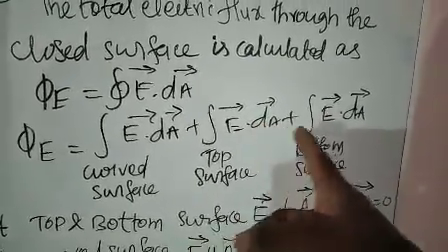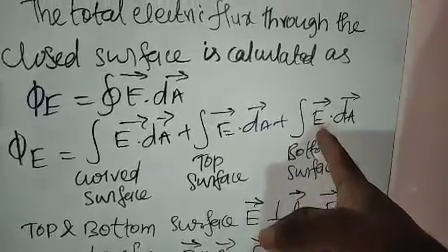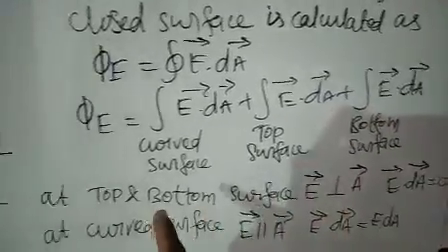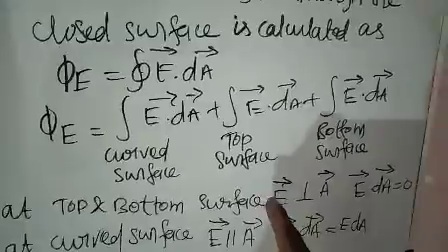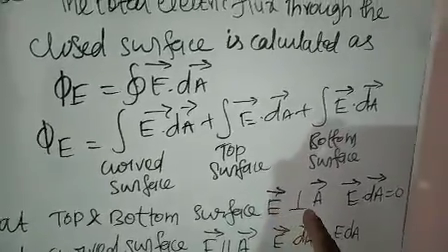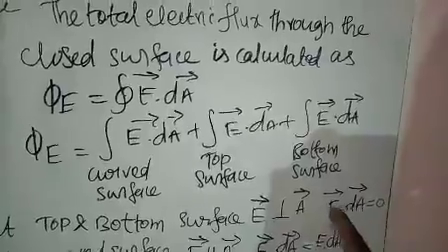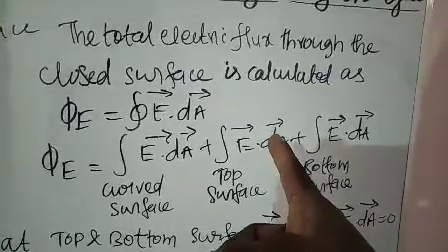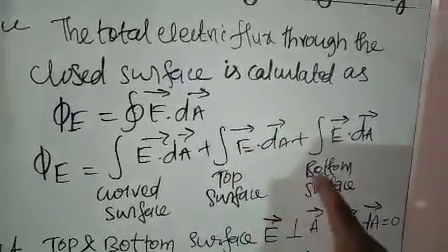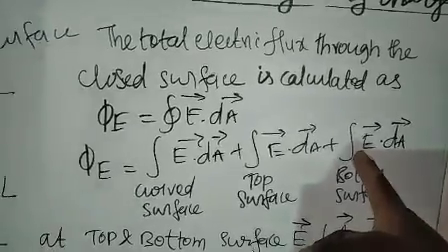So these two integrals become 0 because the electric field is perpendicular to the area, so E dot dA equals 0. The resultant electric flux from the top surface and bottom surface equals 0.